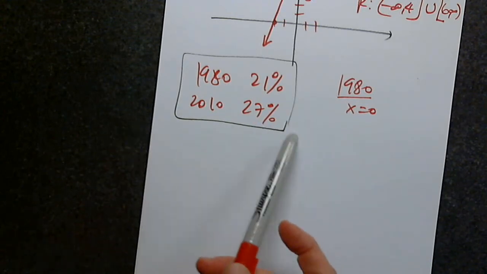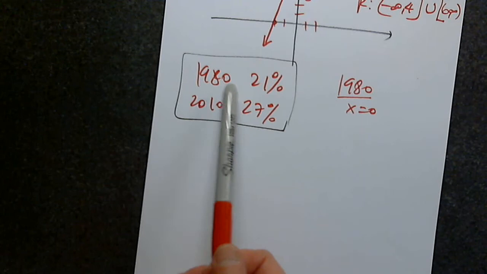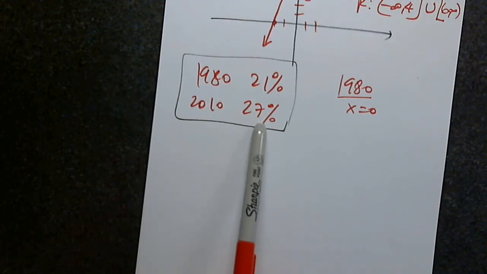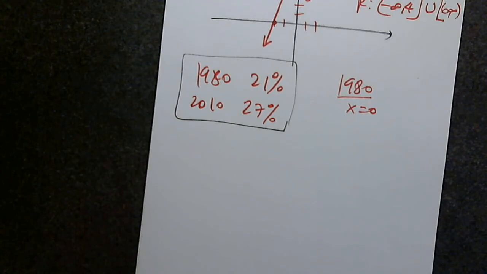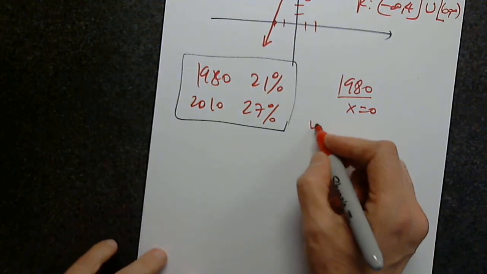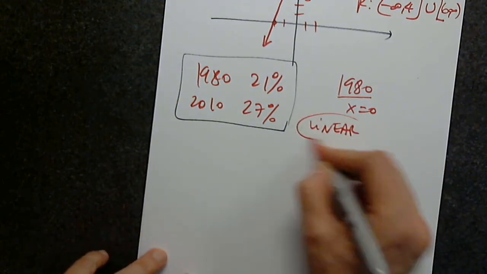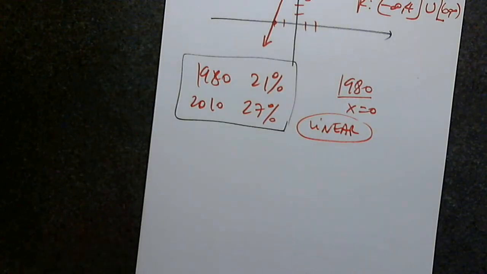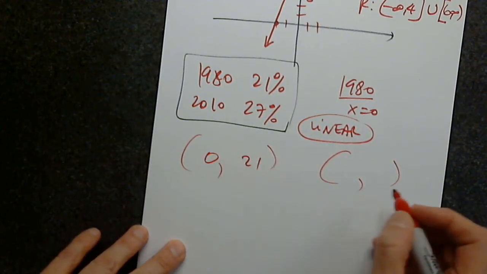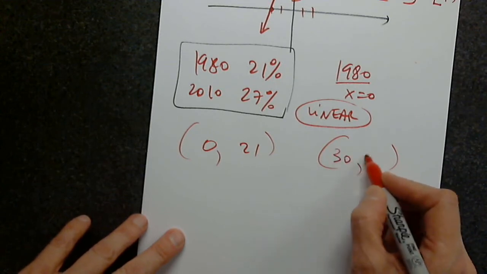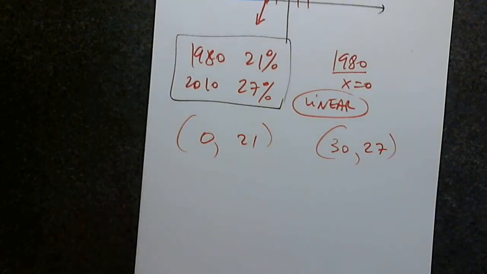And this one, the percentage of students in 2010, it increased. Good. What are these? We're talking about linear. What can I be given? Points. Exactly. Whenever I talk about linear. So can anyone give us 2 points? 0, 21. 30, 27. Exactly. We are given 2 ordered pairs or 2 points.